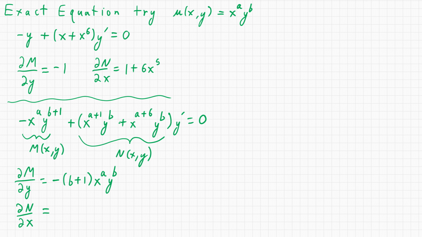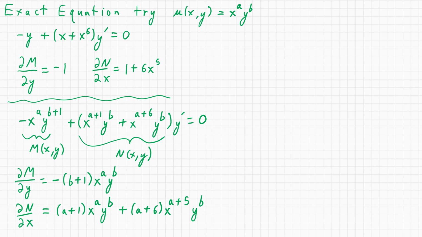So we have x to the a plus 1 times y to the b, so the a plus 1 will pop down. Now x to the a plus 1 turns into x to the a, y to the b stays the same. We have another term, x to the a plus 6, so that a plus 6 will drop down, and we'll end up with x to the a plus 5. And then y to the b will stay the same.